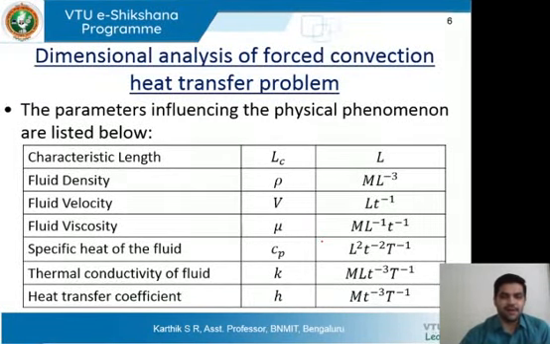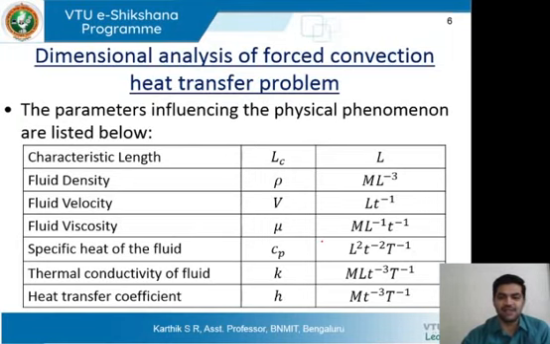Okay, so already we had in the previous slide listed out the fluid properties which will influence a convective heat transfer problem. You can find the list here. The parameters of interest are, first, the convective characteristic length.